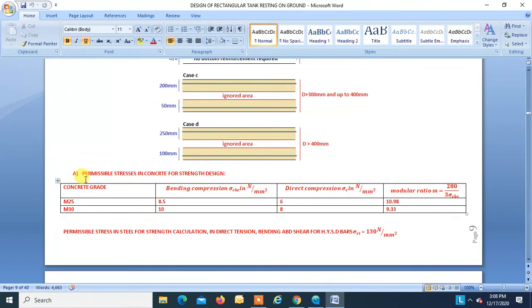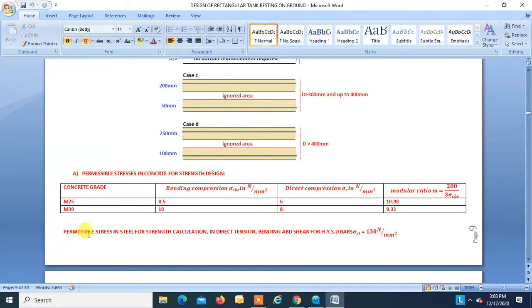Now permissible stresses in concrete for strength design, M25 and M30. Permissible bending stress in concrete, sigma CBC, is 8.5 and 10. Direct compression, sigma C, in Newton per mm square is 6 and 8. Modular ratio, 280 by 3 sigma CBC, is 10.98 and 9.33.